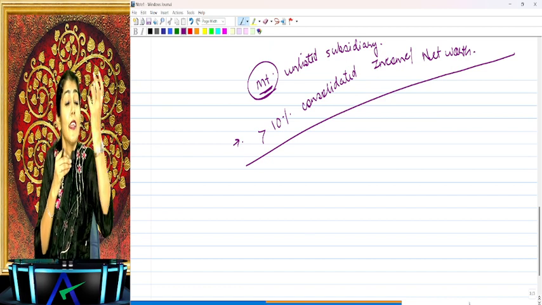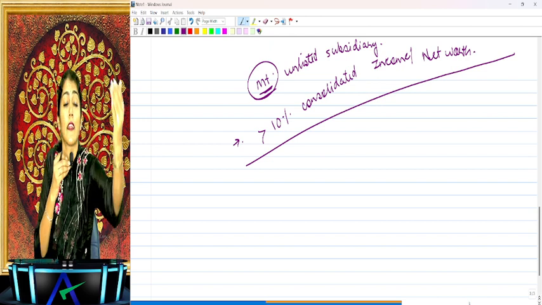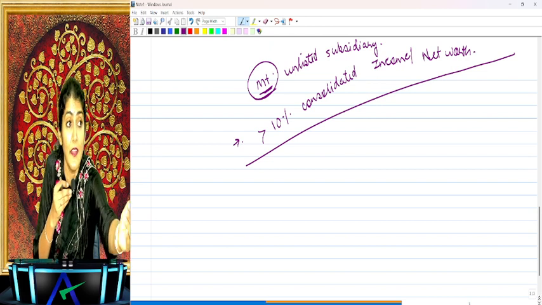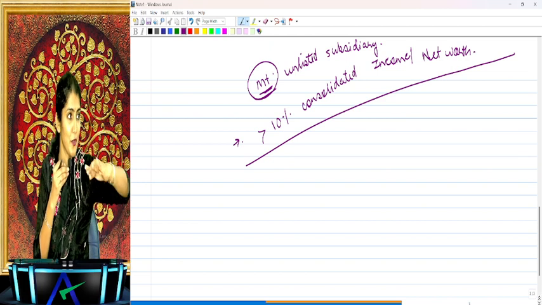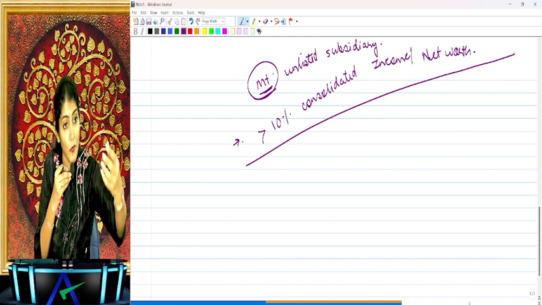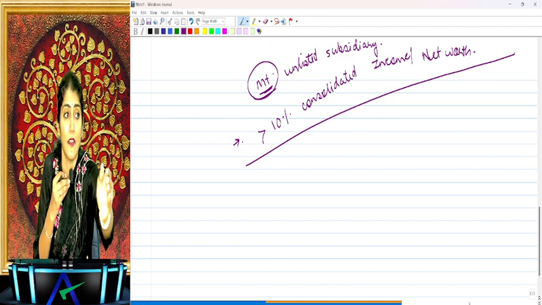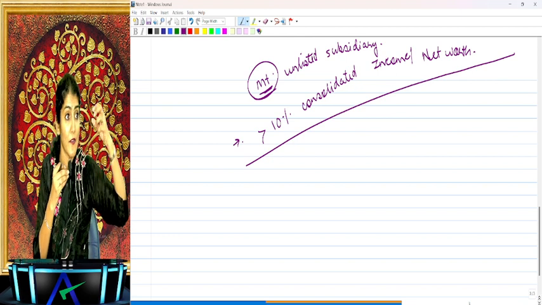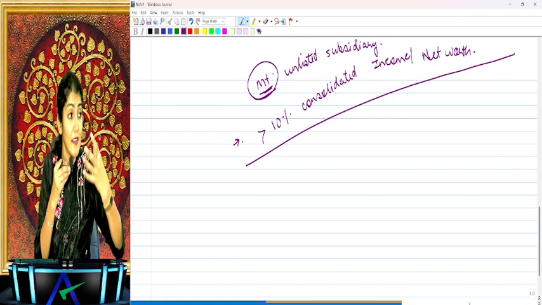It says one independent director of the listed entity should also be a director on the board of the subsidiary company. So one common director should be there. I am a director in the listed company, then one of our persons should also be a director on the board of the subsidiary company. Are you understanding? One person of ours should be sitting on their board, because it is your material subsidiary.